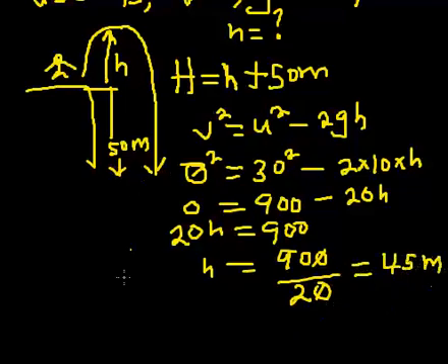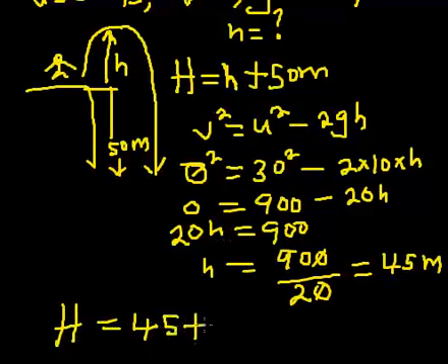Remember, the H from up there to the ground is actually small h plus 50. So small h is 45, then plus 50. If you add that together, you will have 95 meters.